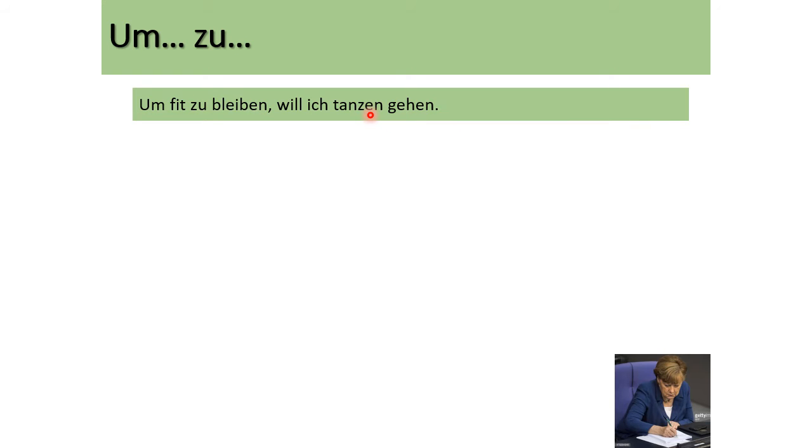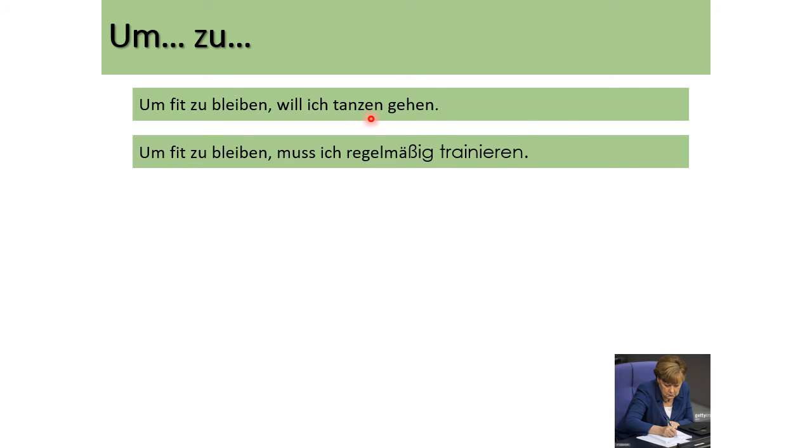So if there is another verb to be used, it will be at the end of the sentence and it will be in the infinitive. So what this means is, in order to keep fit, I want to go dancing. Fit zu bleiben, muss ich, verb, subject, then infinitive verb at the end.